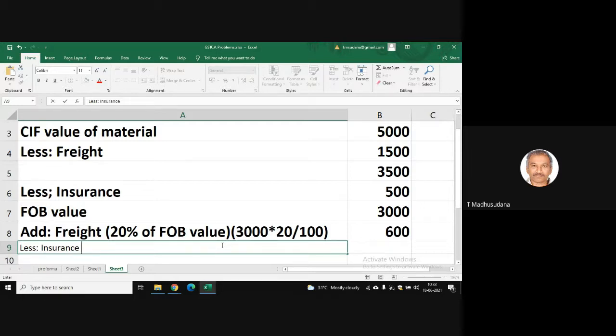If the insurance is not mentioned in the problem, then the customs officers will add 1.125%.